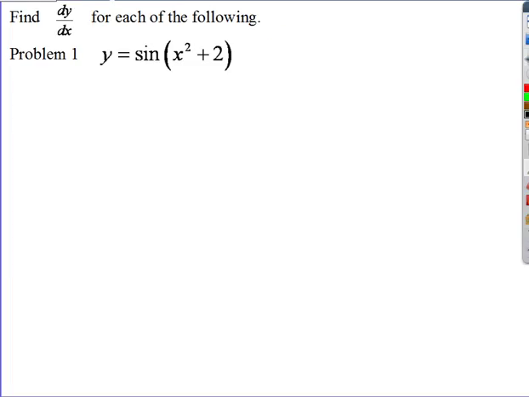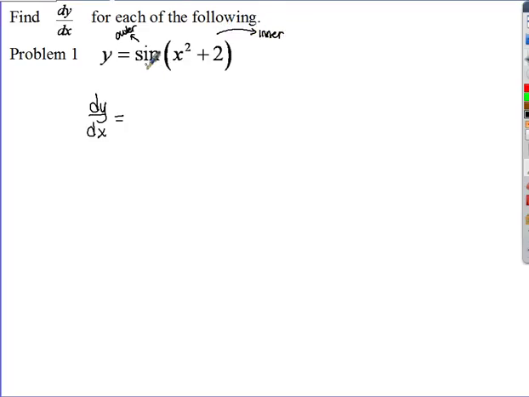Okay, find dy dx for the following. Very similar, remember, to the one we just did. So dy dx will be, this sine would be our outer, x squared plus 2 would be our inner.